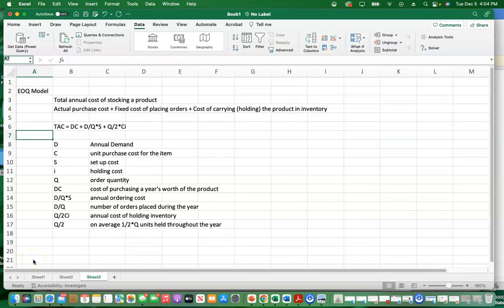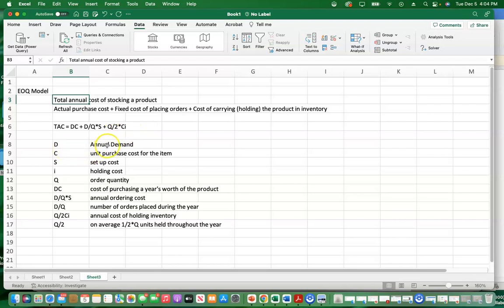So here is the economic order model, where we have this formula, and this is the total annual cost of stocking a product, which is equal to the actual purchasing cost, DC, plus the fixed cost of placing orders, which is D divided by Q times S, plus the cost of carrying the product in inventory, or we can say holding cost, which is Q divided by 2 times CI.